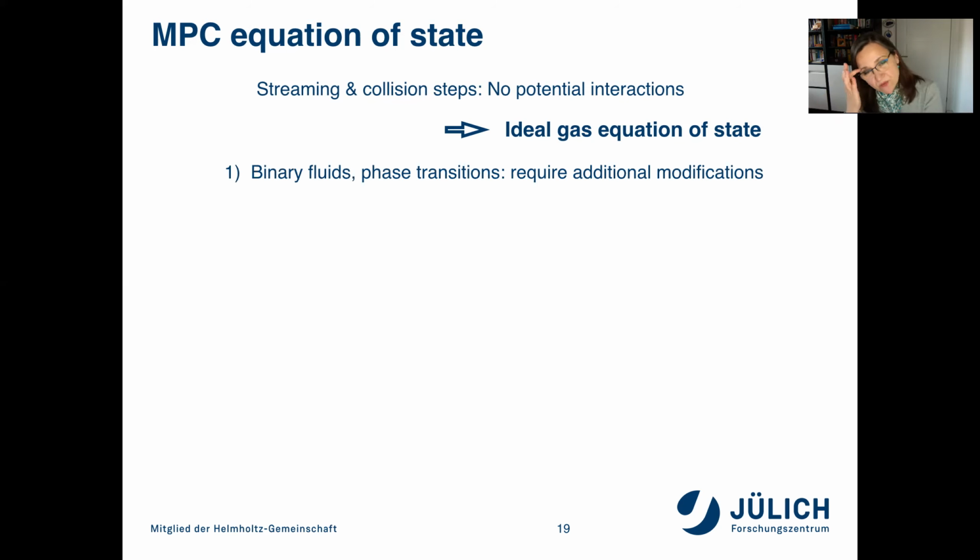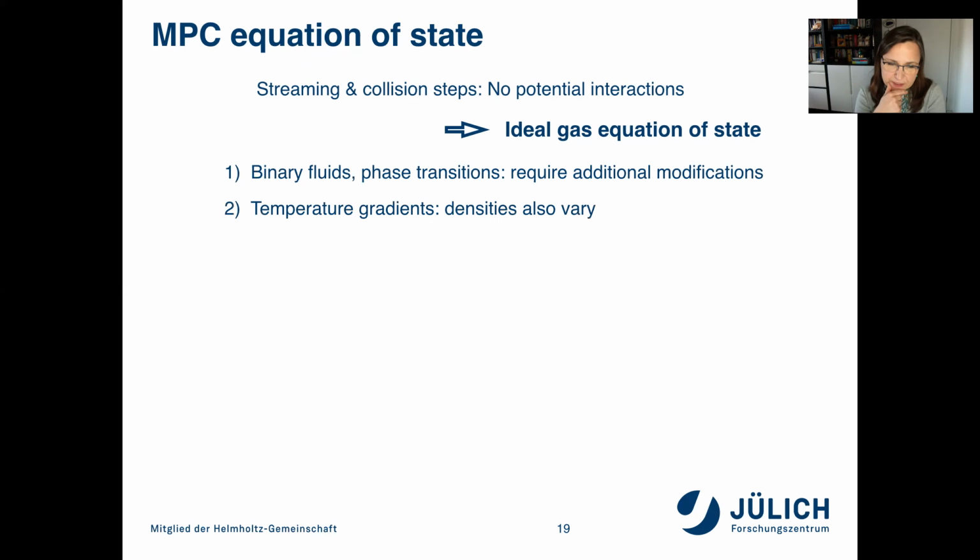What are the consequences of this? The first consequence is that if your system is a binary fluid or a system in which phase transitions come out of a non-ideal gas equation of state, you will need to make the method a little bit more complicated. You need to put something else into MPC to have a different equation of state.